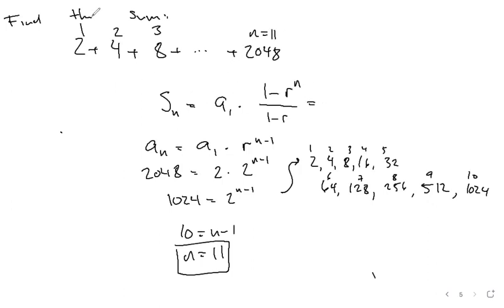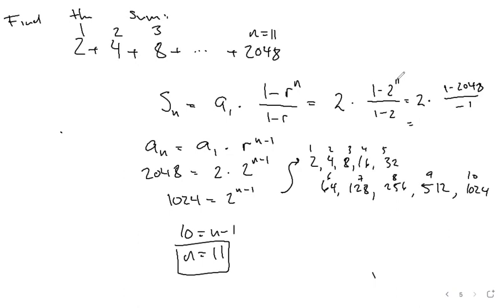So now if I just plug everything in, I get 2 times 1 minus 2 to the 11 all over 1 minus 2. Let me do that on my calculator. Even though I'm pretty sure that's 2048. Yeah. That's 1 minus 2048 all over 1 minus 2, which is minus 1.